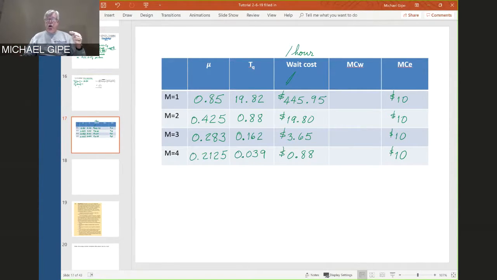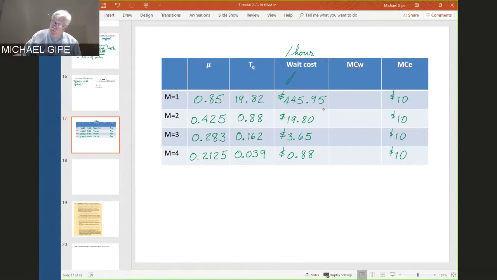We can now look at when we change from 1 employee to 2 employees, what's the incremental change in cost for 1 unit change in number of employees? Okay, so we'll take that 445.95 and subtract it from the 19.8. That's the marginal change in waiting cost per 1 employee at that level.